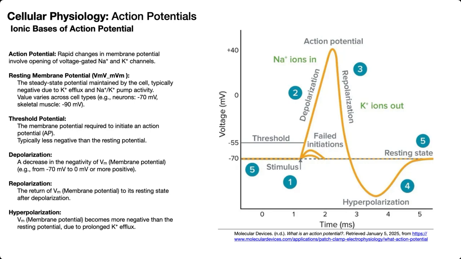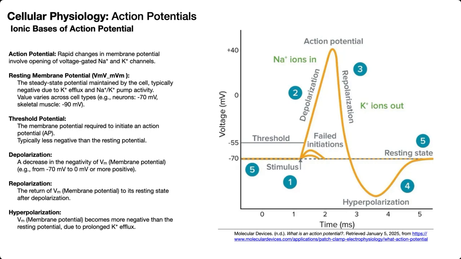Voltage-gated potassium channels are open, and it allows potassium ions to flow out of the cell. This outflow of positive potassium ions allows the membrane potential to be brought back to the resting state.